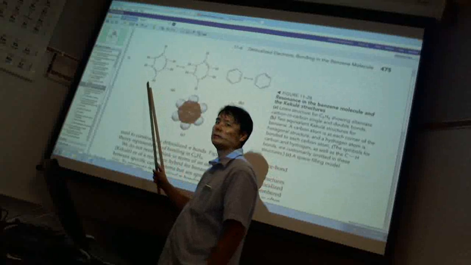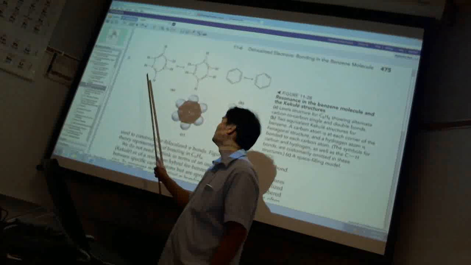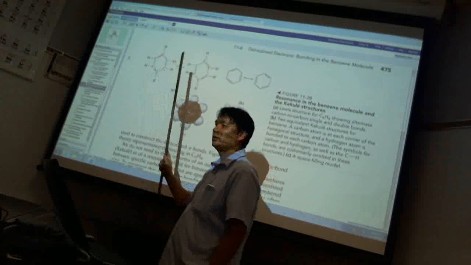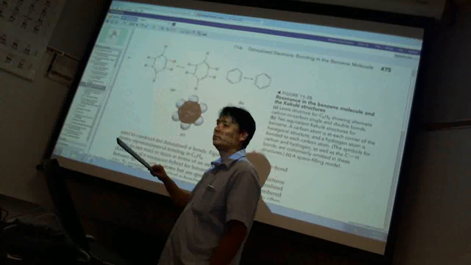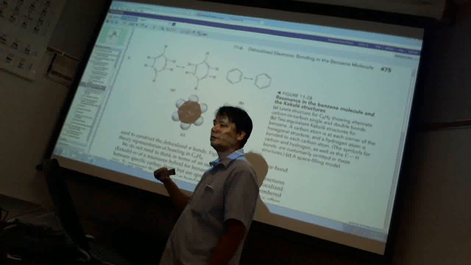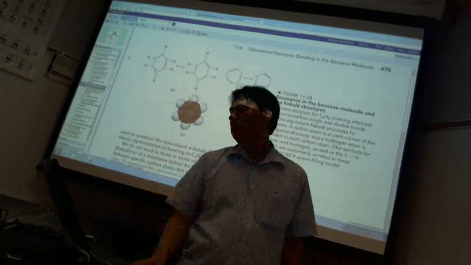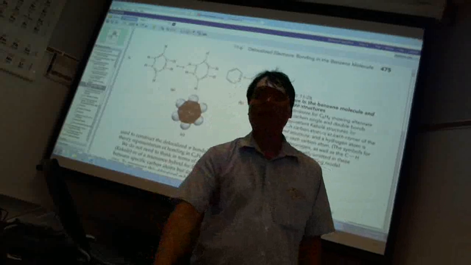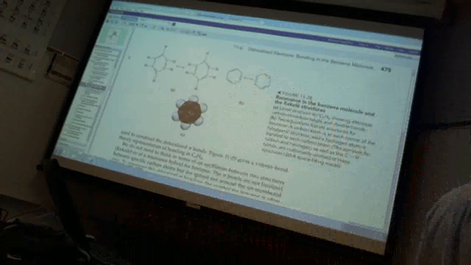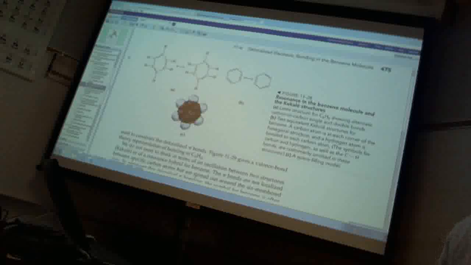And then what's happening with the p orbital? Where's the p orbital here? Can you see it? It's sticking out, right, of the board. Yes? No? Yes. I'll draw it out.